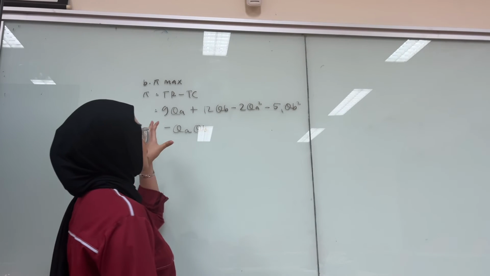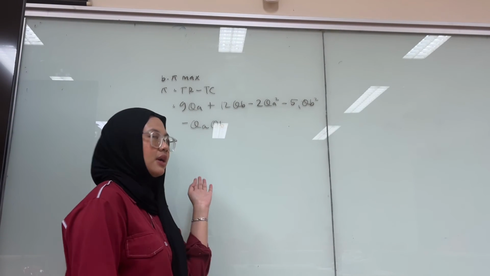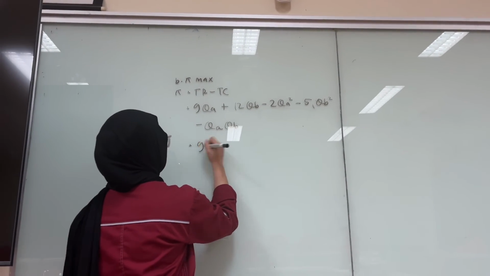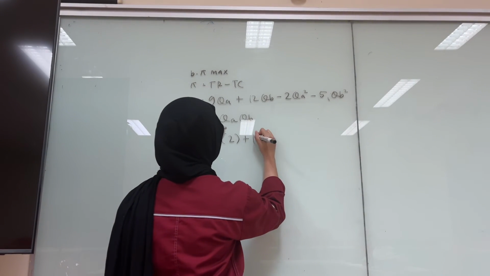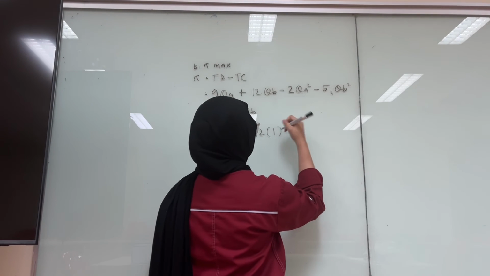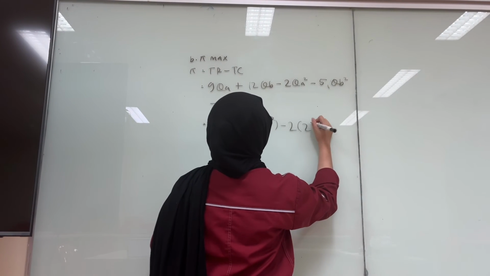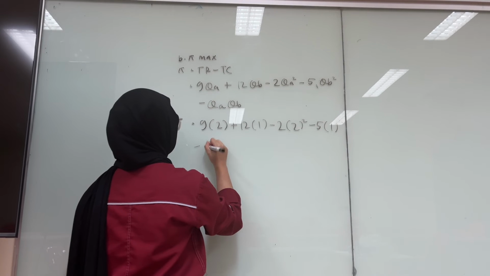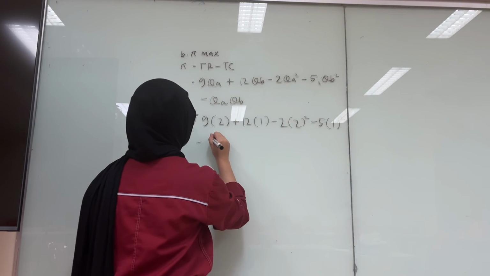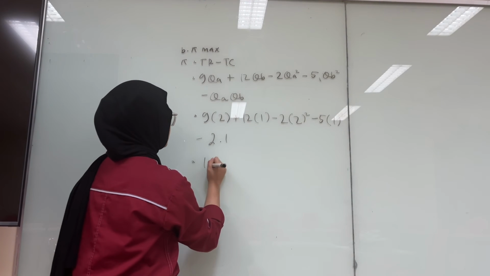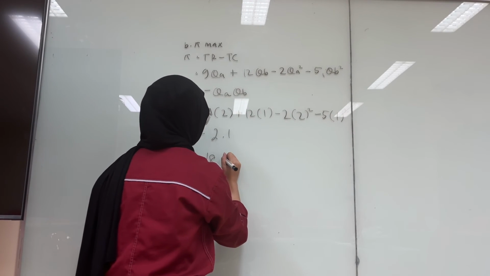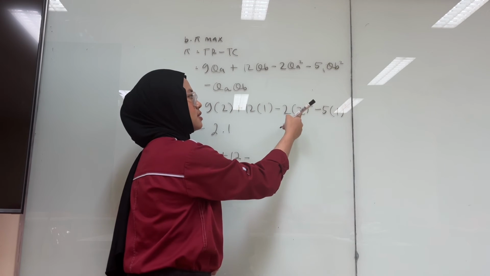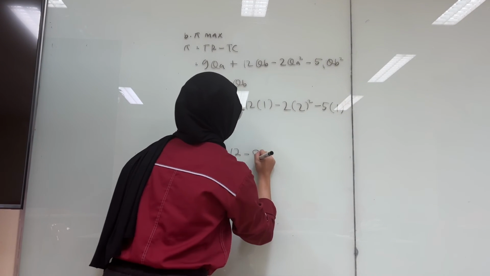Because we already know the values of QA and QB, I will write them immediately: QA is equal to 2 and QB is equal to 1. So 12 times 1 is 12, 2 to the power of 2 is 4, and 4 times minus 2 is minus 8.